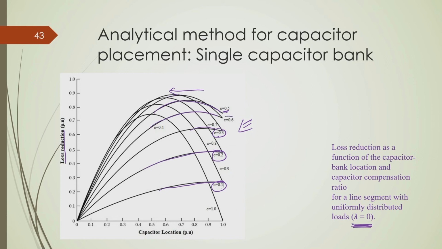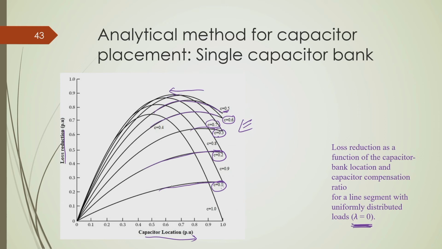But when C is equal to 0.6, C is equal to 0.7, you can see this peak loss reduction is almost the same, but where you put it differs, because this axis represents the capacitor location x1.